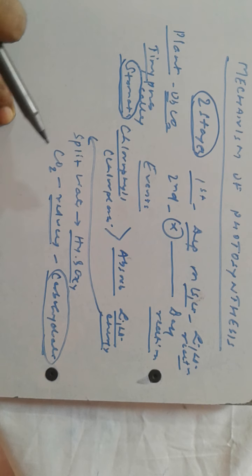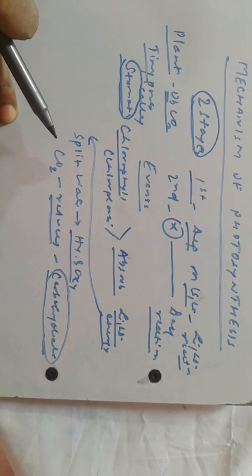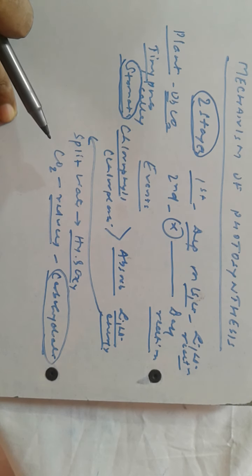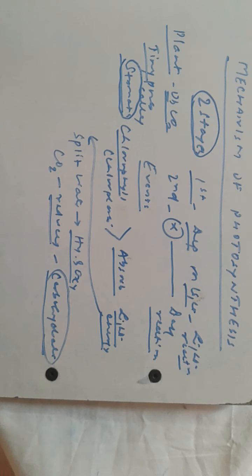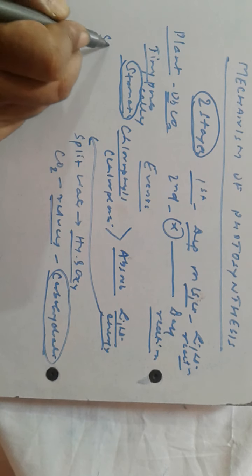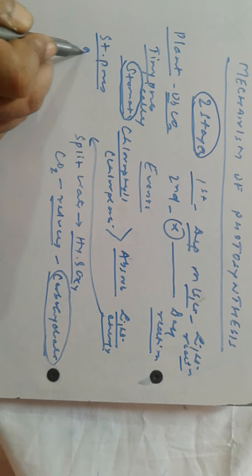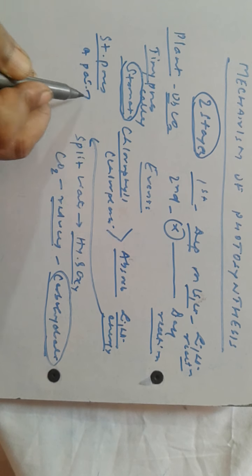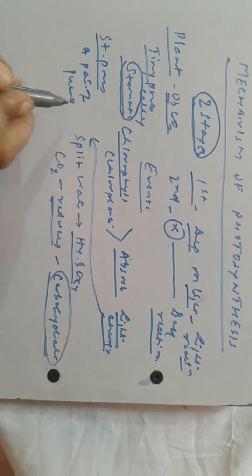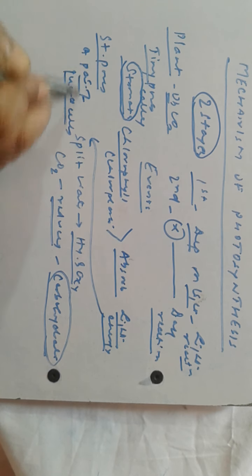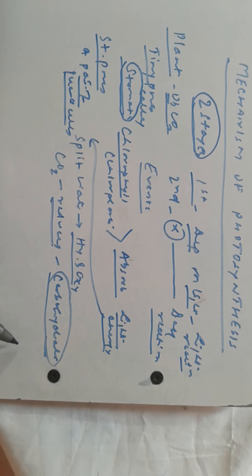The CO2 gas enters the leaves through the stomata. Stomatal pores are surrounded by a pair of guard cells.